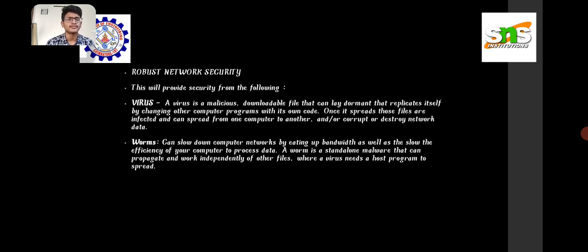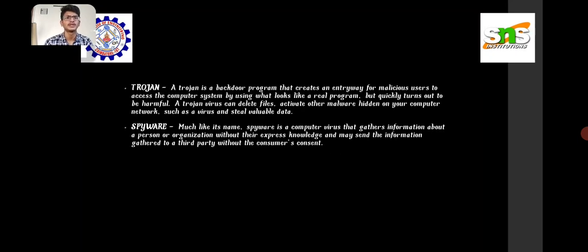A worm is a standalone malware that can propagate and work independently of other files, whereas a virus needs a host program to spread. Here, the difference between worm and virus is that a virus needs a host program, but a worm can replicate itself. Trojan. A Trojan is also called a backdoor program that creates an entry for a malicious user to access the computer system by using what looks like a real program but quickly turns harmful. A Trojan can delete files, activate other malware hidden on your computer networks such as viruses, and steal vulnerable data.